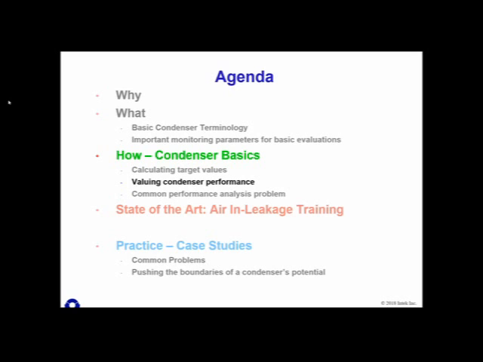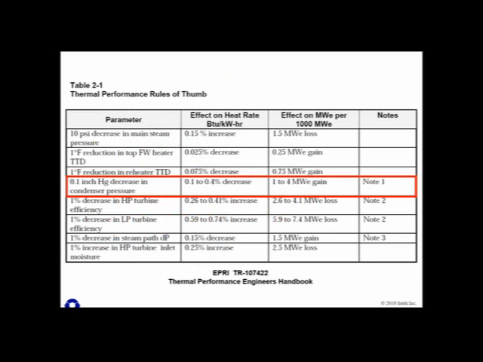But once you have the target pressure, the next 3 slides that I have are trying to monetize or value that excess back pressure. I showed this slide earlier, the thermal performance rules of thumb: every 1/10 of an inch decrease in condenser pressure is a 1/10 to 4/10 decrease in heat rate, or 1 to 4 megawatt gain.